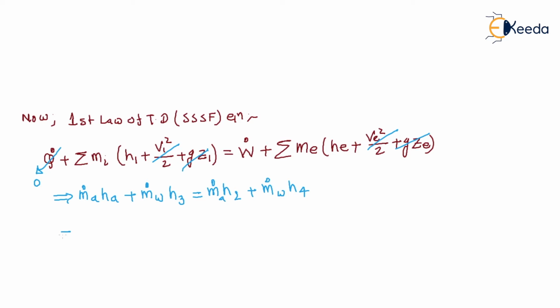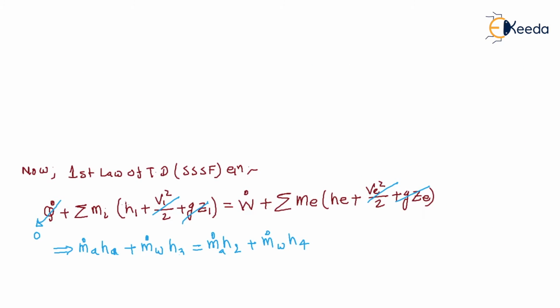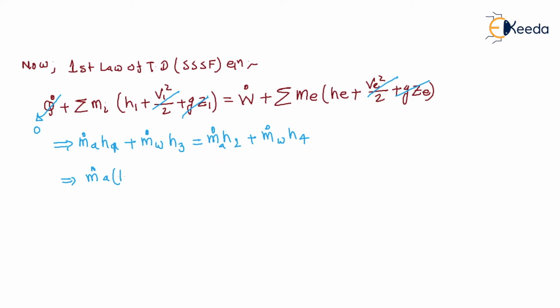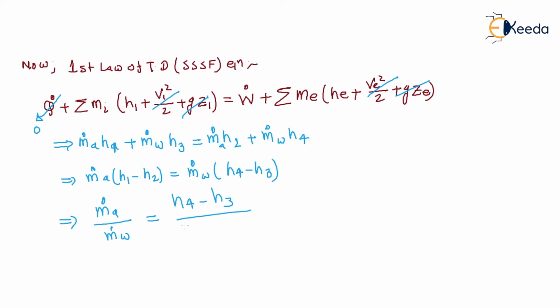So mass of air times (H1 minus H2) is equal to mass flow rate of water times (H4 minus H3). From here you can easily find that the mass flow rate of air divided by the mass flow rate of water is (H4 minus H3) divided by (H1 minus H2), right?